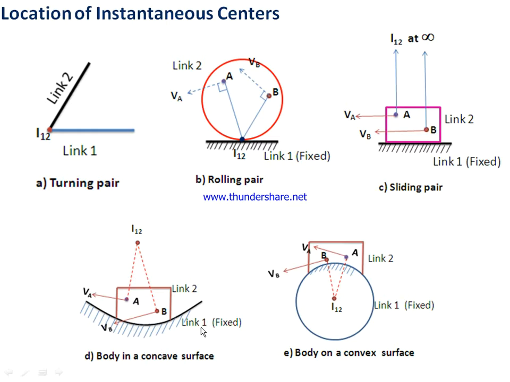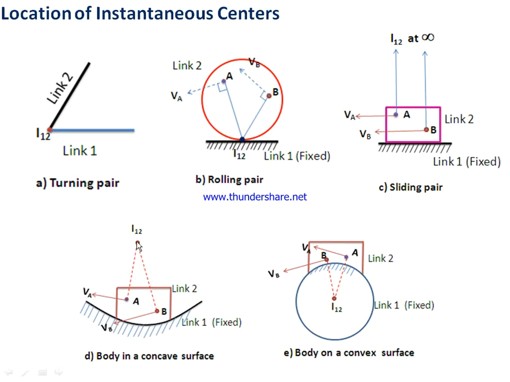This is a concave surface and a body is moving inside this concave surface. Let us say this concave surface is fixed, and this body, link 2, is moving in the counterclockwise direction. In order to identify the instantaneous center of rotation of link 2 with respect to link 1, again consider 2 points A and B on link 2, and these two are the velocity vectors of point A and point B. Now draw the perpendiculars to the velocity vector VA and the velocity vector VB.